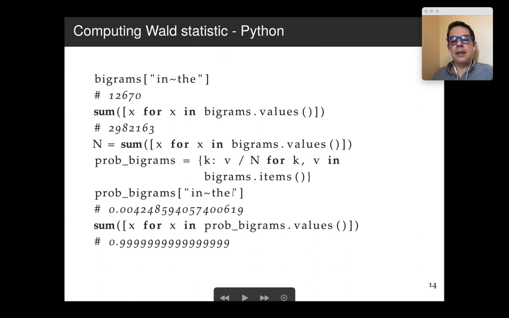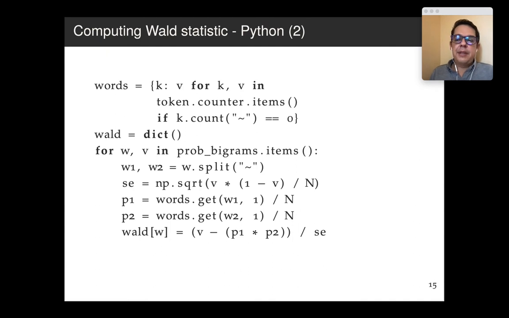So we can see here the probability of the bigram "in the", which is this value, and we can sum all the probabilities that we have just seen, and we can see that there is a small error. We remember that we are working with floats, and it is not an overflow, but there are rounding errors.